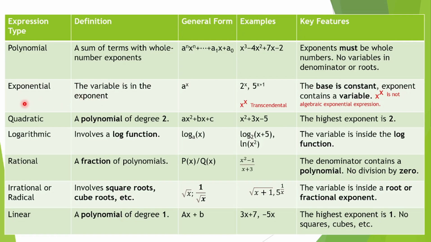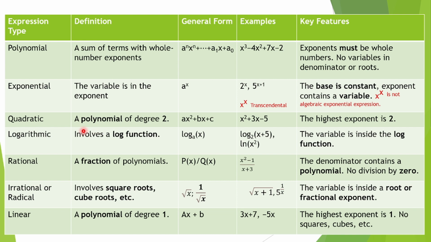Another type of algebraic expression is quadratic expression, and by definition a polynomial of degree 2. General form is ax square plus bx plus c and example is x square plus 3x minus 5. In key feature, the highest exponent is 2, for example this ax square.